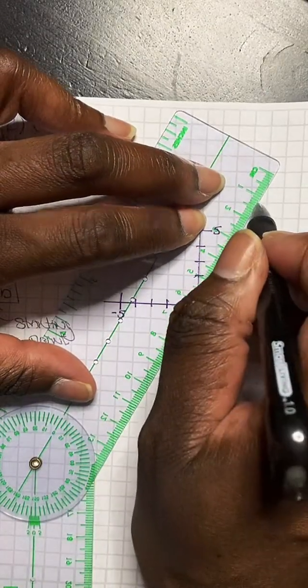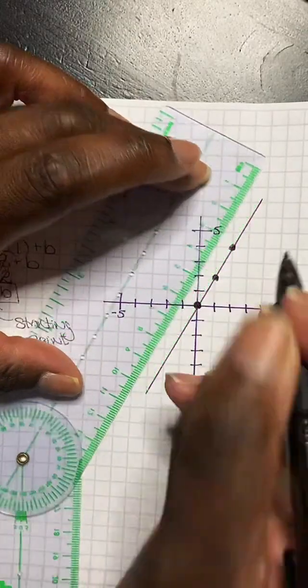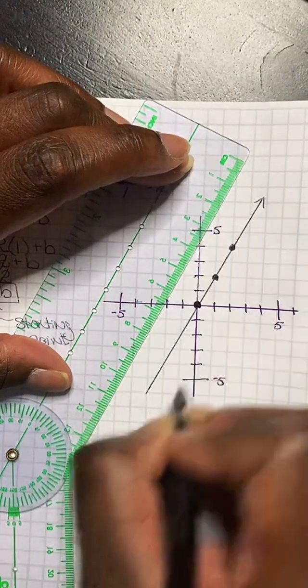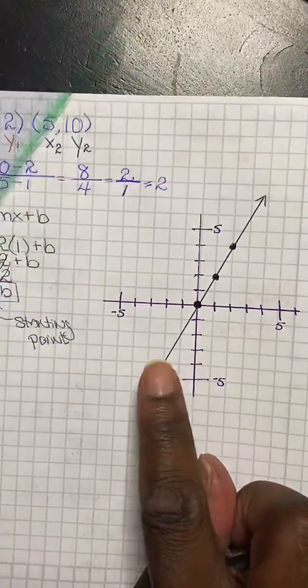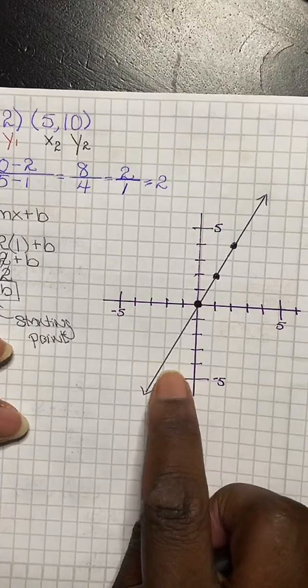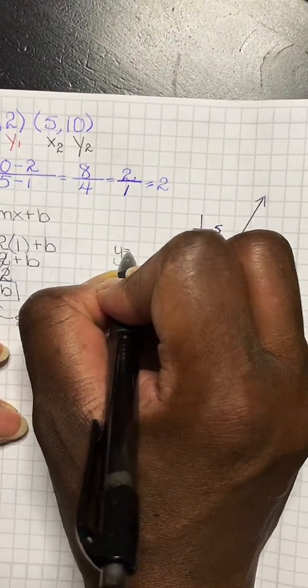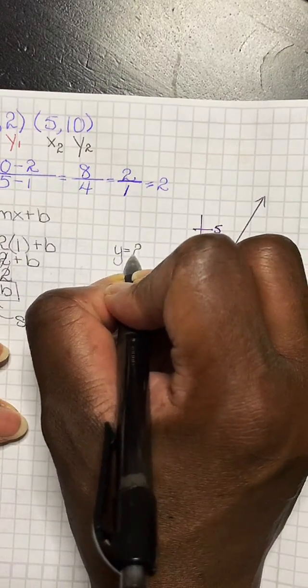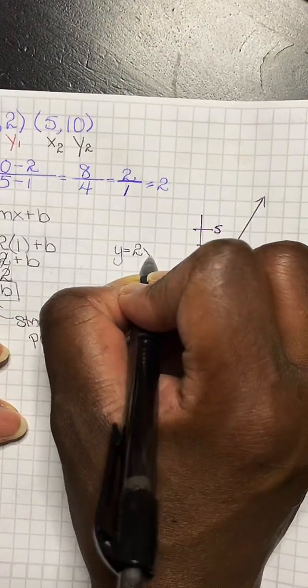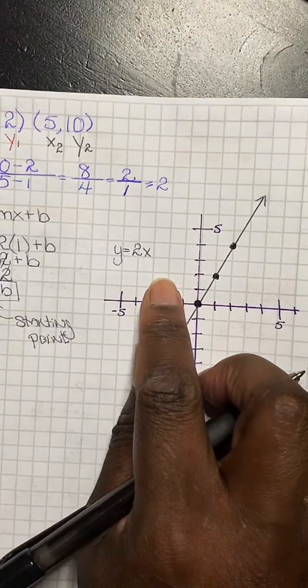So we go like this, and this is your line. And the equation to that line is y equals my m, which is 2, or 2 over 1, x plus my b. Now, my b is 0.